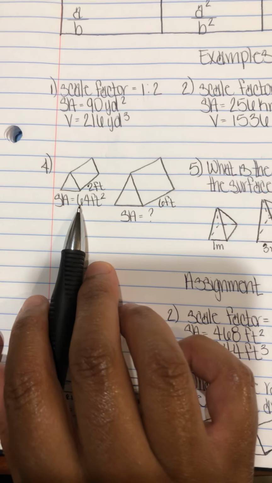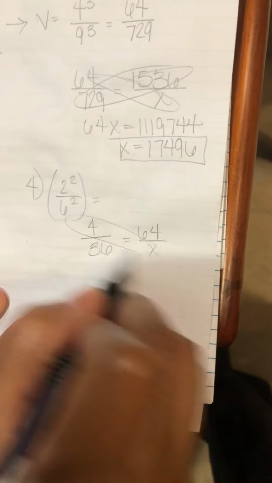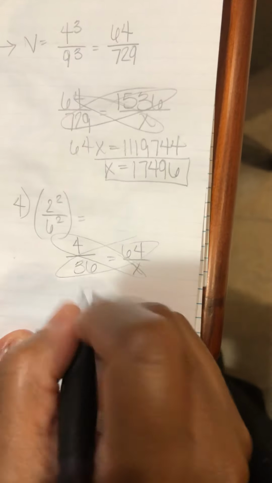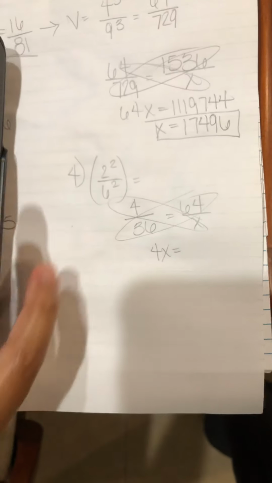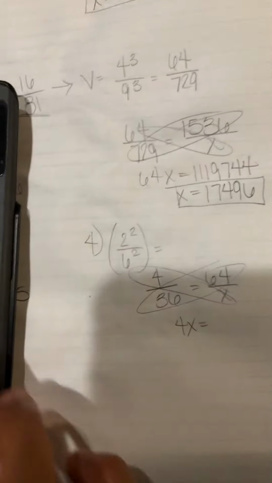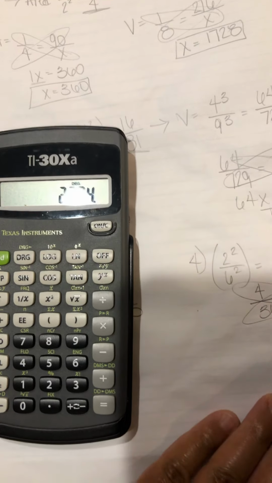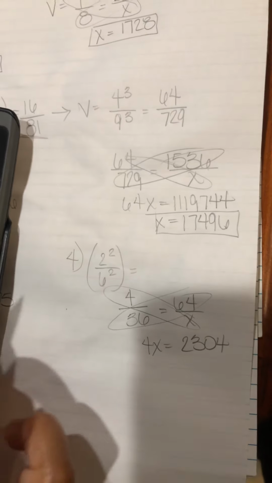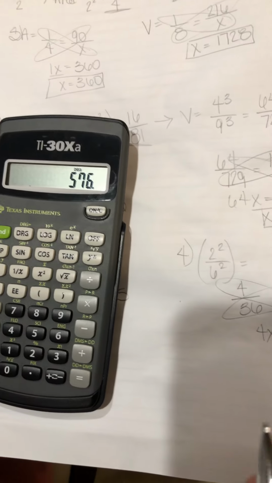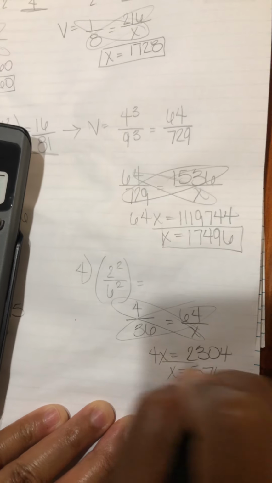So I'm going to put 64 over x. Cross multiply. 4 times x, 4x. 64 times 36, 2304. Divide by 4 gives me an answer of 576.